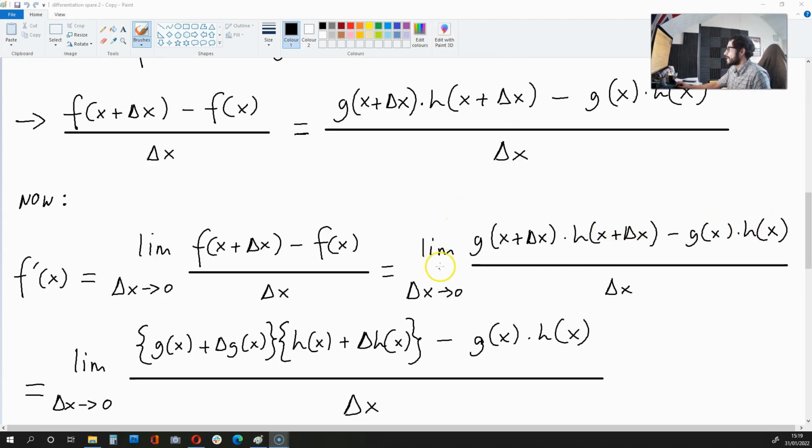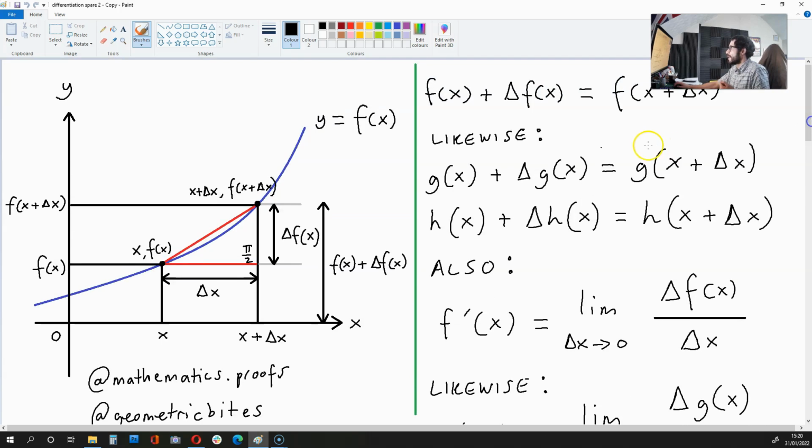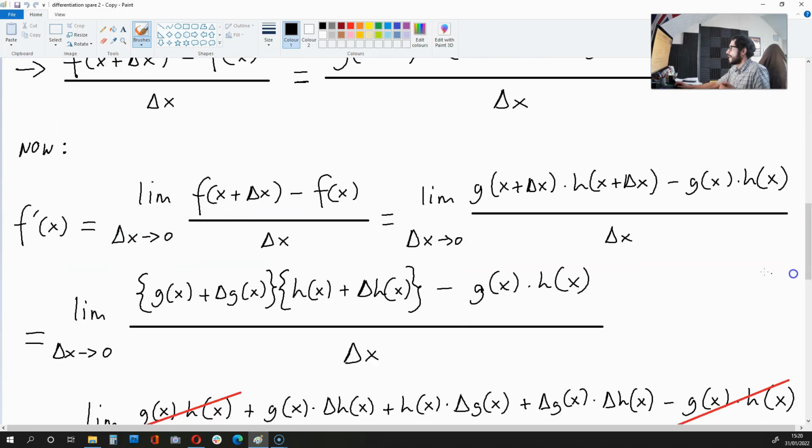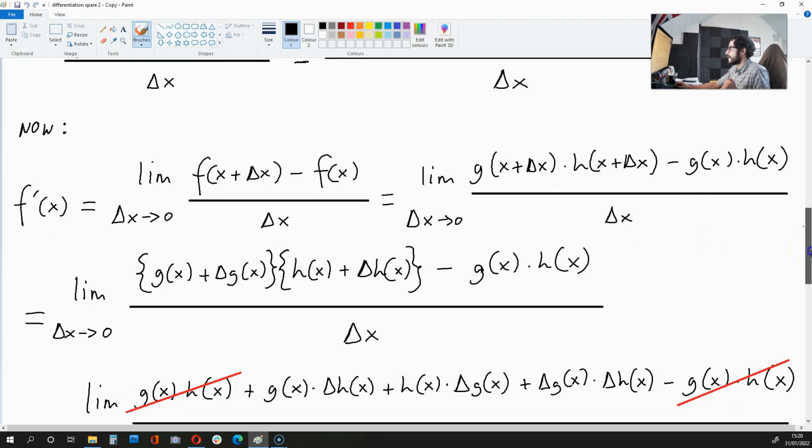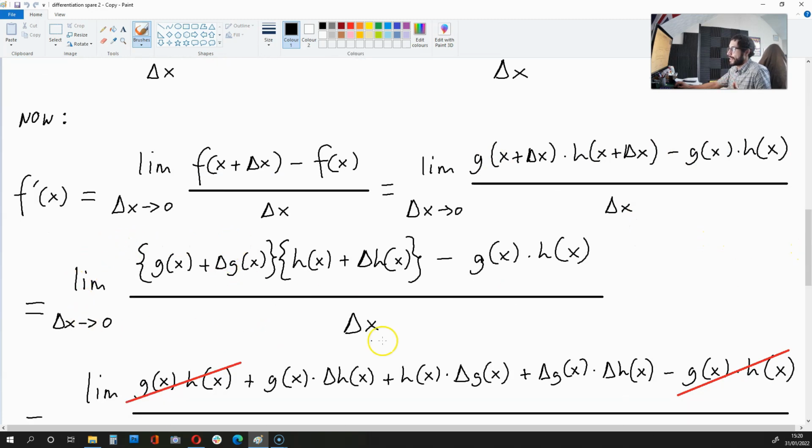So we have this as the derivative of f(x), but we are going to replace g(x plus change in x) and h(x plus change in x). We are going to replace these values over here with these values up here, okay? Now, if we replace these two values over here, like I said, what we get is this over here.